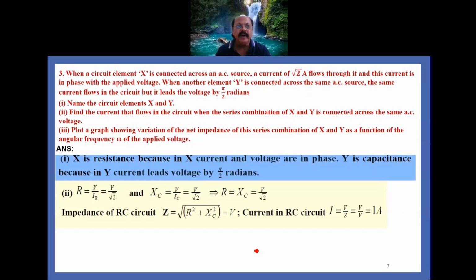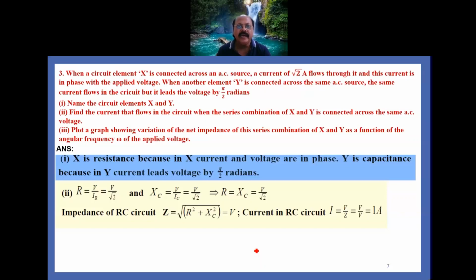In the first part of the question, when a circuit element X is connected across the same AC source, a current of root 2 ampere flows through it. So the current flowing through the resistor of resistance R is root 2 ampere.